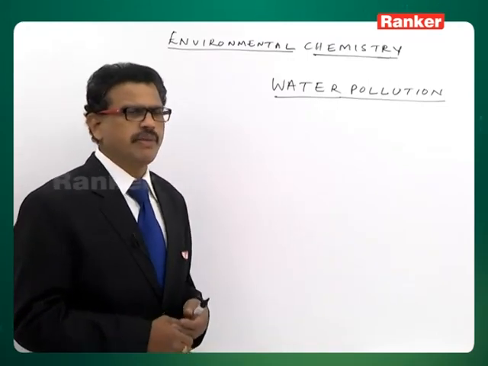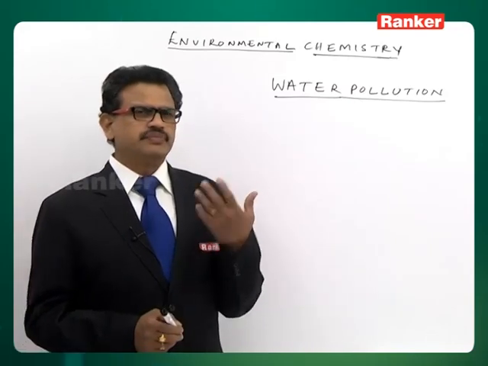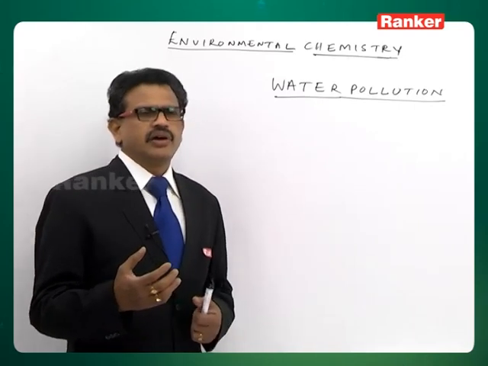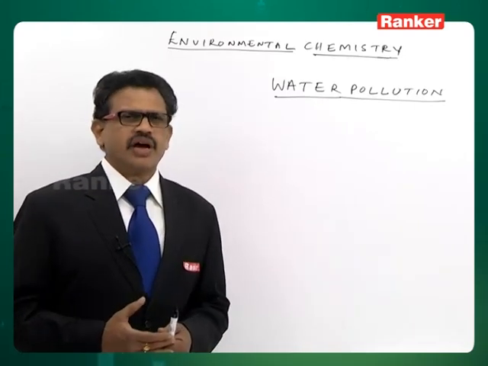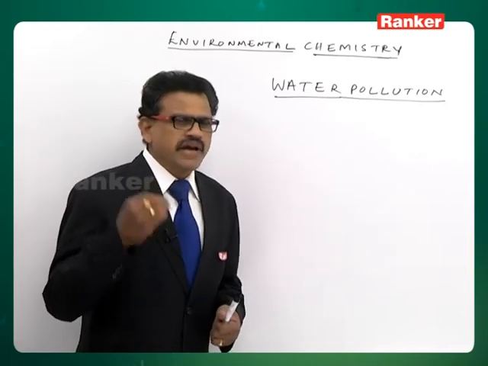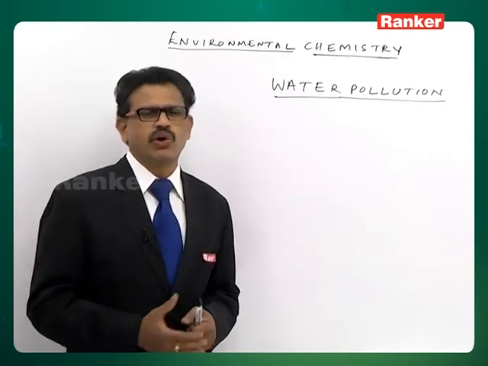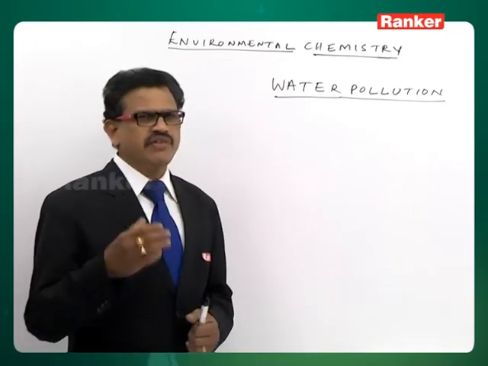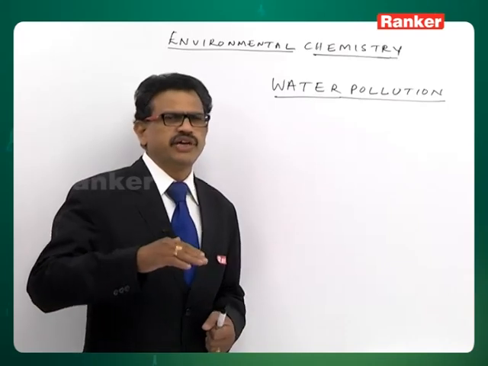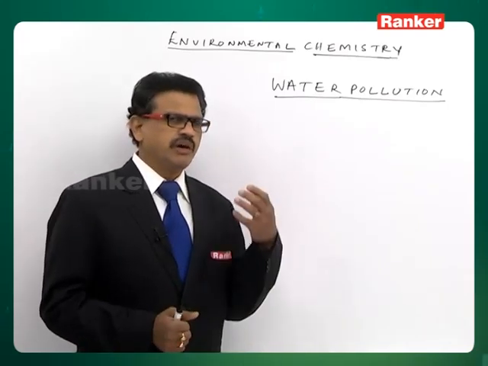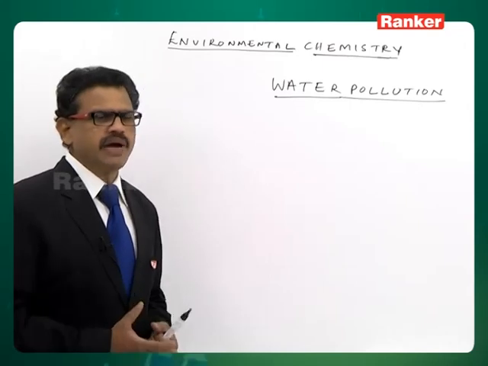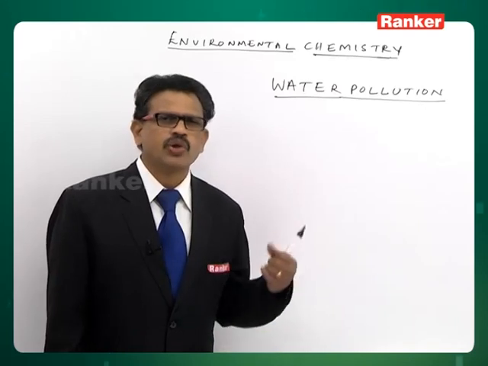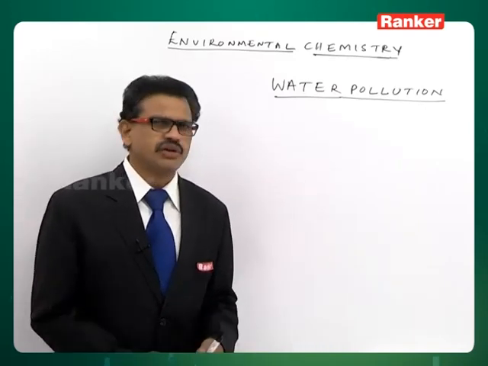In biochemical oxygen demand, we learned that it is the demand for oxygen by aquatic life for their survival, and if the microorganism level increases in the water, it will cause biochemical oxygen demand. It is observed over a 5 day span at 20 degrees Celsius temperature: the amount of oxygen demanded by the microorganisms present in the water, you can call it BOD, biochemical oxygen demand. This is what we have seen.